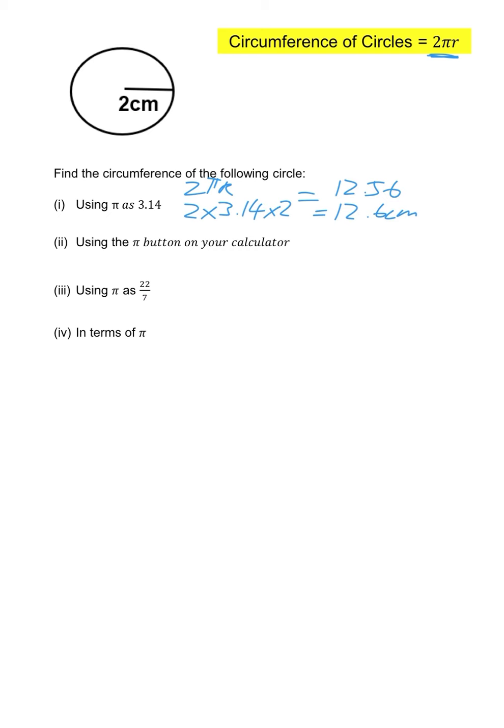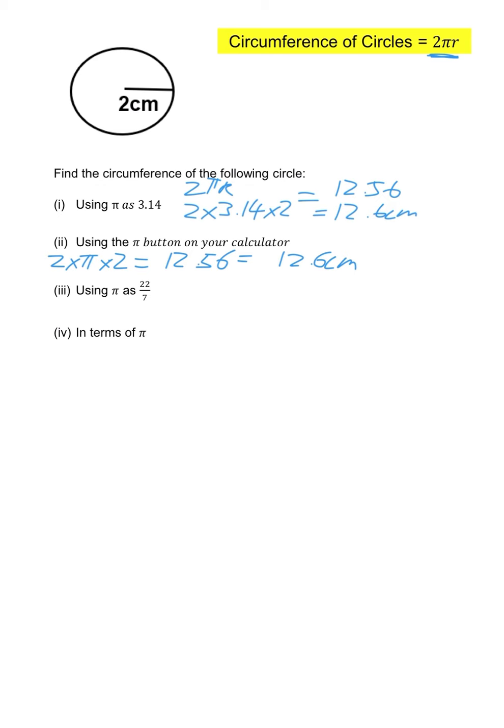Okay, using the pi button then on your calculator, we'll have 2 times pi times 2. That'll be equal to 12.56 again, so 12.6 centimeters.